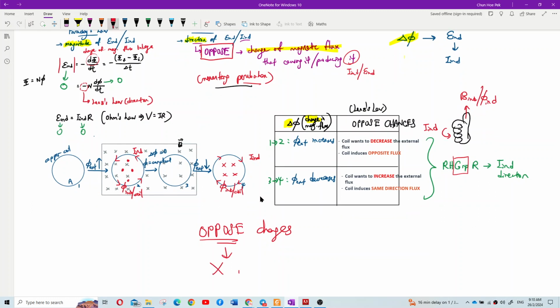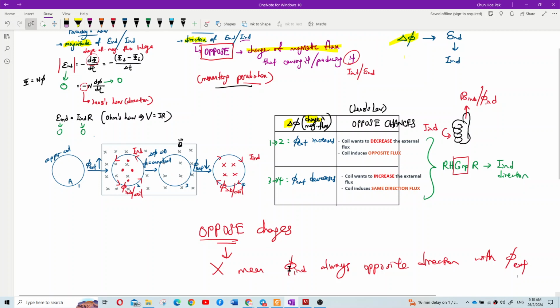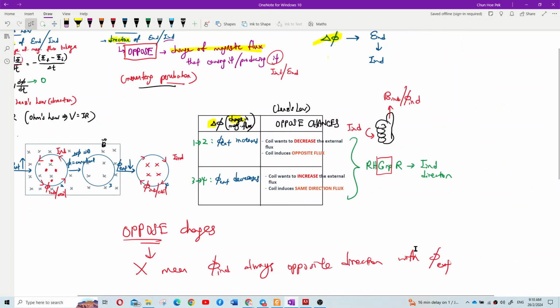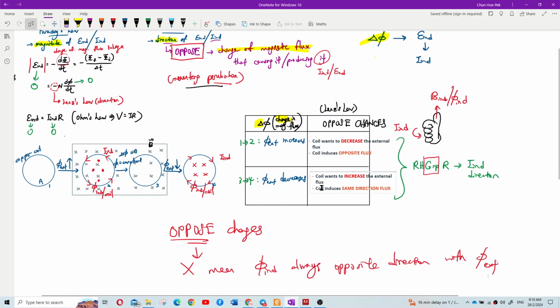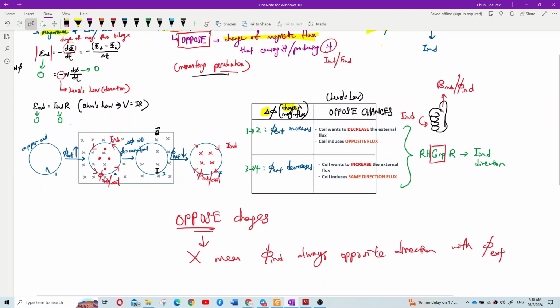It does not mean the induced flux is always in the opposite direction. The induced flux can be in the same direction as the external flux.